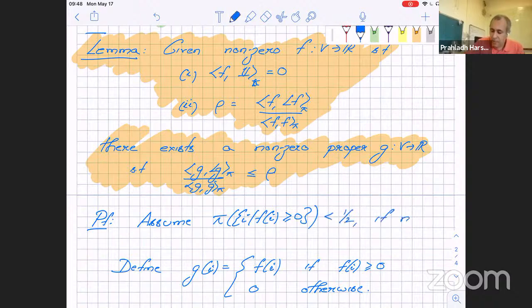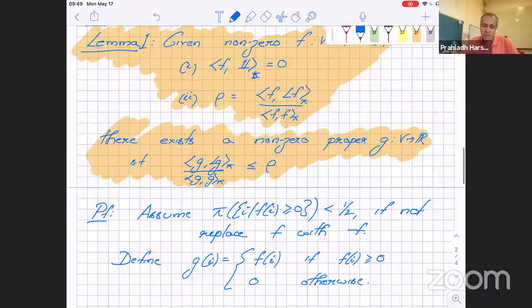If not, replace f with minus f and then continue. Because for the hypothesis of this lemma 1, whether you give f or minus f, they both satisfy the same property. Okay. And now we define G this way.